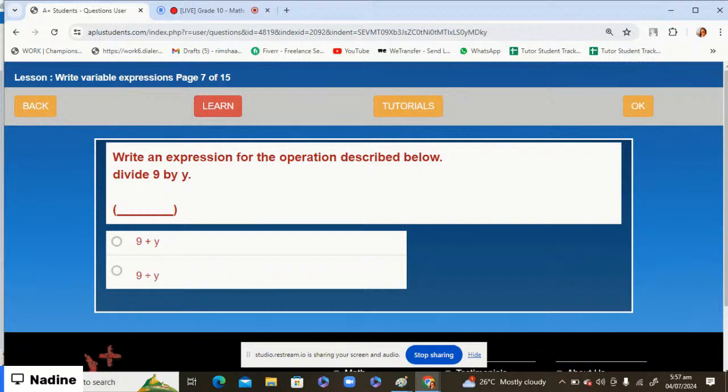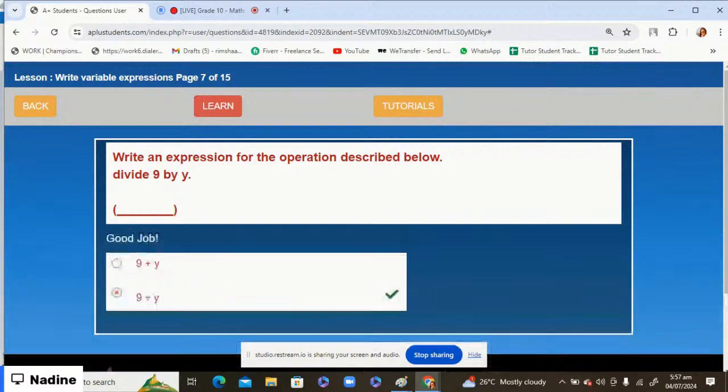All these questions, like divide 9 by y. So 9 is divided by y. These both are the same, I think. Oh, sorry. It's an addition here and a division here. 9 divided by y, this is it.